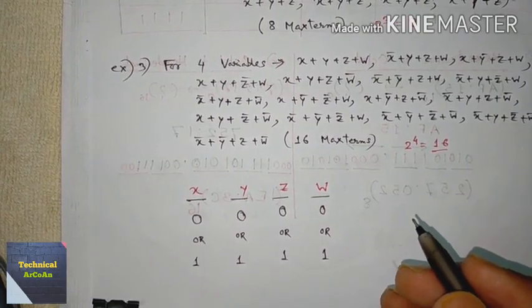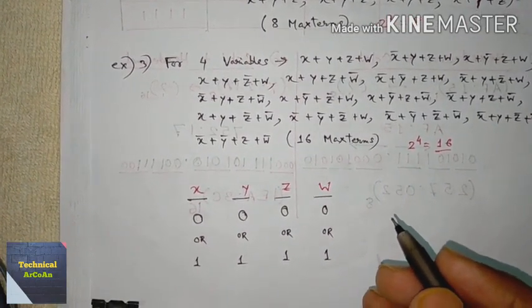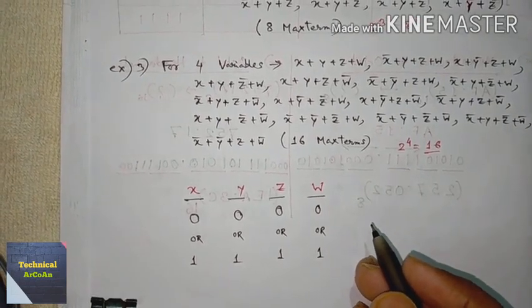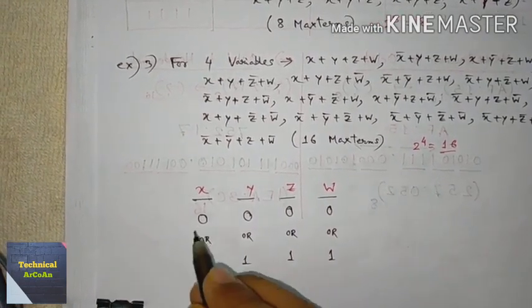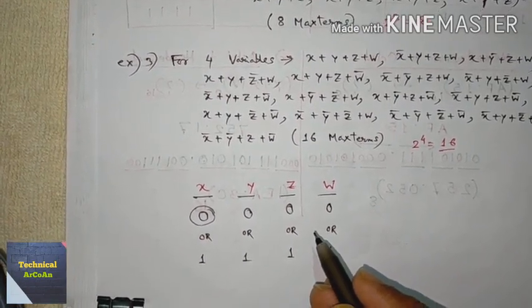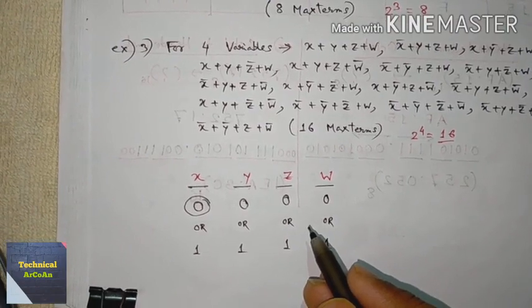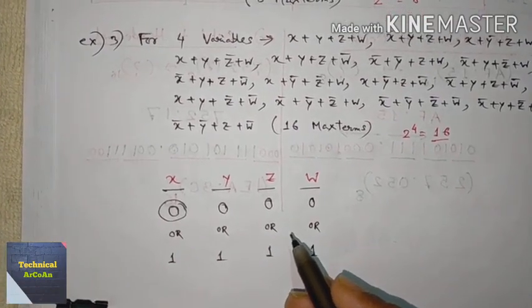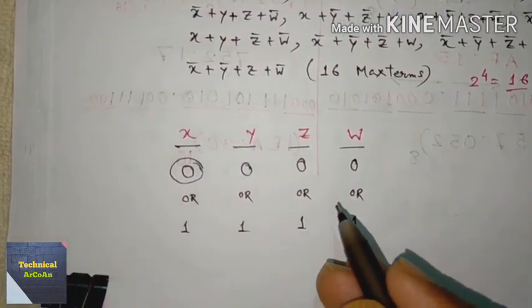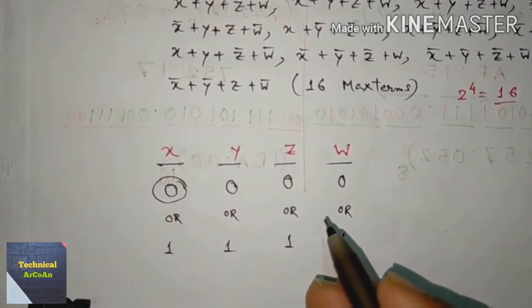Okay. Now there is a rule for this min term and max term also. The rule is that if the variable value is 0, then it is represented as the complement of the variable in a min term, and as the normal variable, without complement, in a max term.